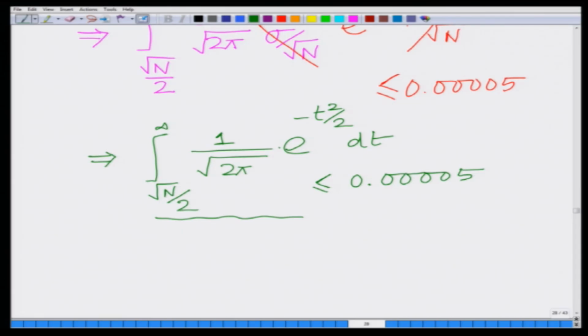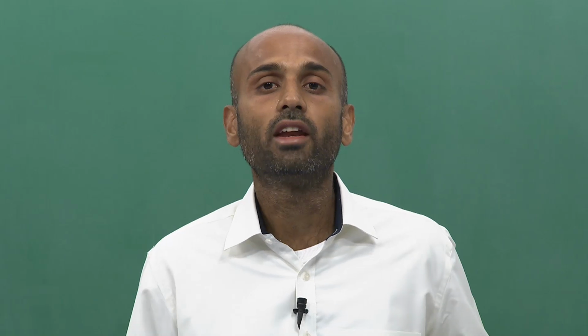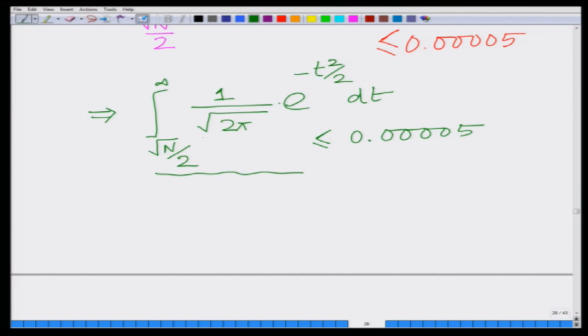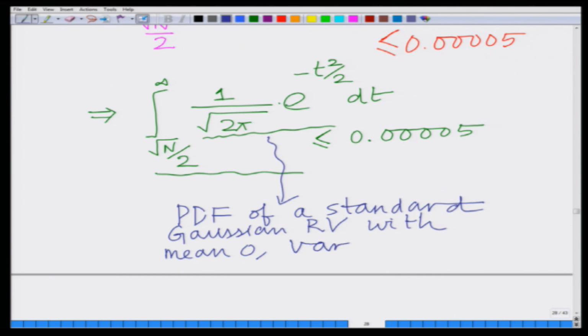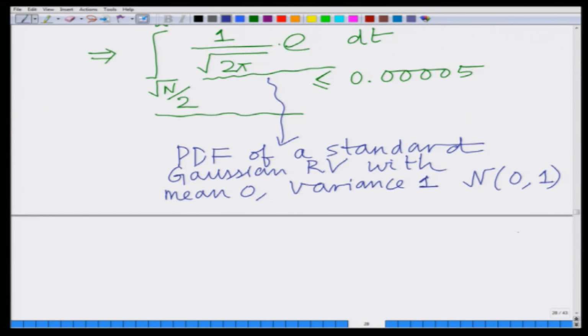If you look at this function, 1 over square root of 2 pi e raised to minus t square divided by 2, that is the probability density function of a standard normal, or standard Gaussian, random variable with mean 0 and variance 1, that is N(0, 1).